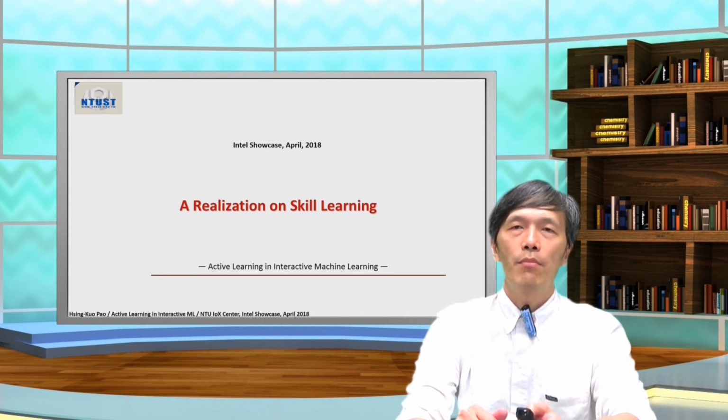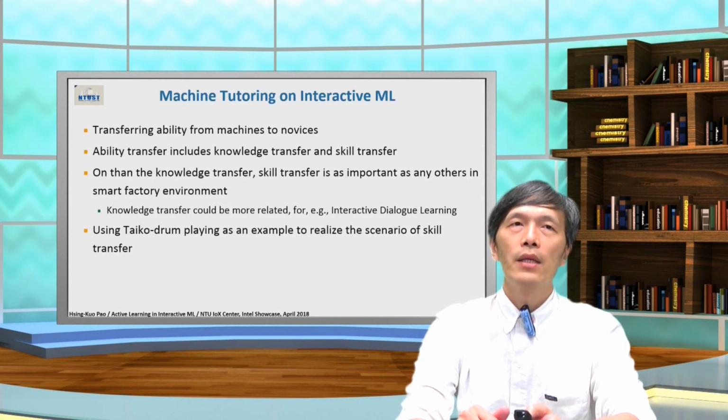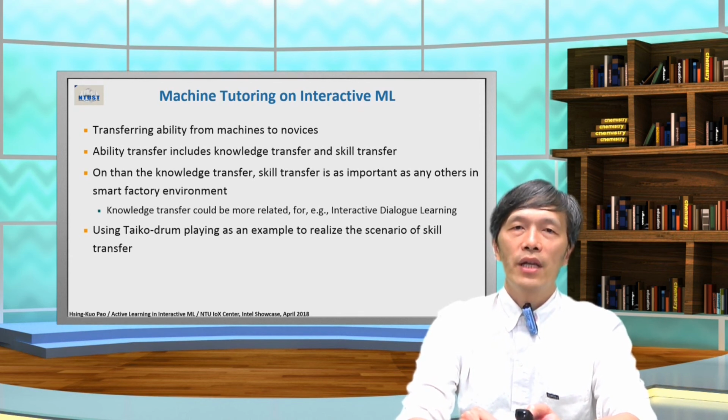We have some partial results that we want to focus on, which we call skill learning, and this is quite often useful in the smart factory scenario. Between a machine and a novice, the machine will help the master transfer some ability to the novice.